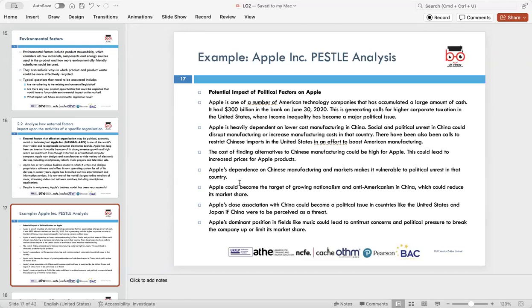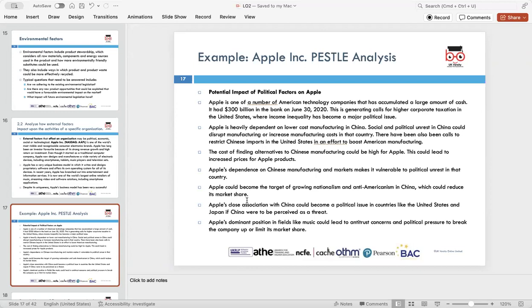Growing nationalism and anti-Americanism in China could make Apple a target, which could result in a decrease in the company's market share. If countries like the United States and Japan believe that China poses a threat, then the strong relationship that Apple has with China could become a political problem in those countries.